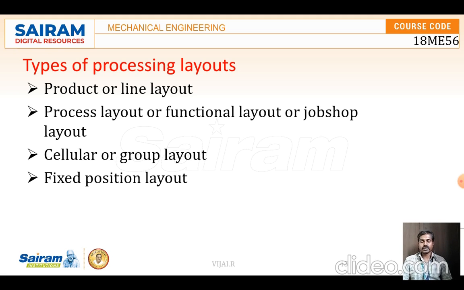We have already said that in mass production there is a huge volume, and the product is produced continuously. There is no stop, no break at all. The raw material is converted into finished product in a continuous sequence. That is one type of production.